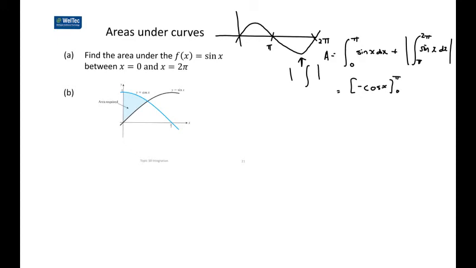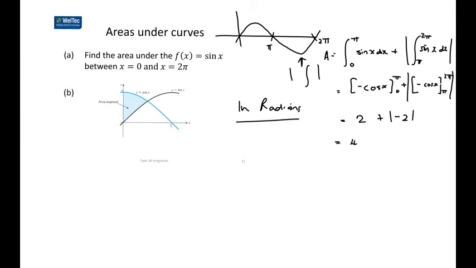And the same for the next one, only taking the absolute value of it. Now make sure your calculator's in radians, because we're doing calculus. So the first one would be 2, and the second one would be the absolute value of negative 2, which would give us 4 square units.